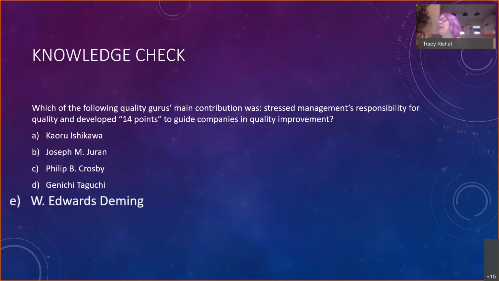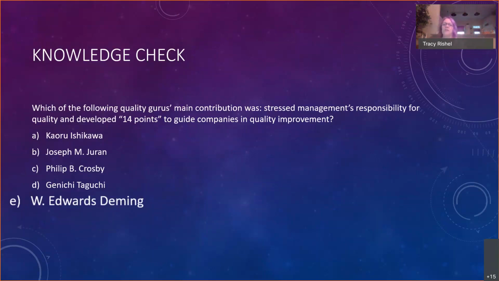All of these people have added to developing our quality philosophy and our quality knowledge. Ishikawa did the fishbone diagram, which you should see in your book. Juran had views on management's input and those types of things as well.